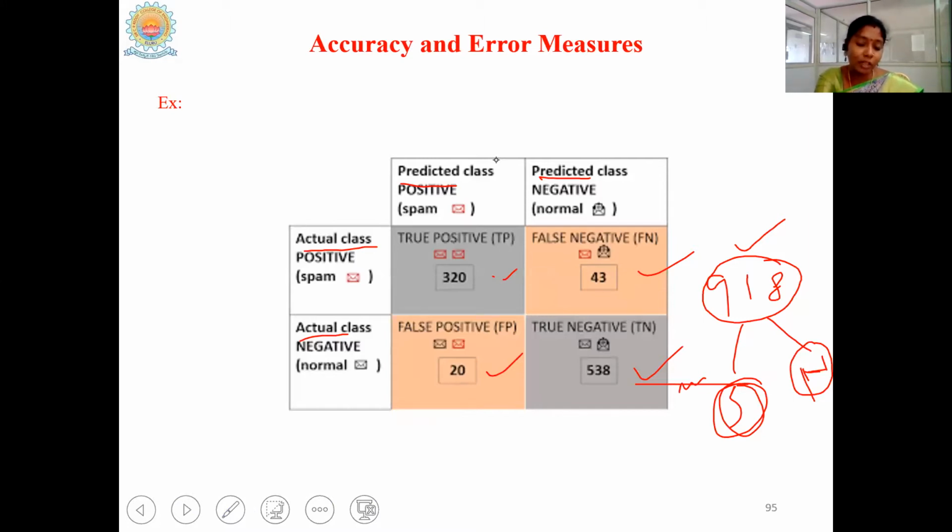The first value, 320, in terms of the row, says it is an actual positive class, and its column header indicates a predicted positive class. That means the actual positive classes number 320.